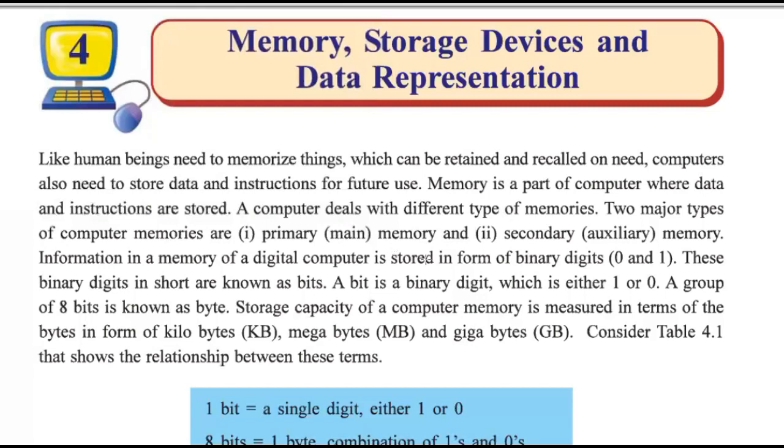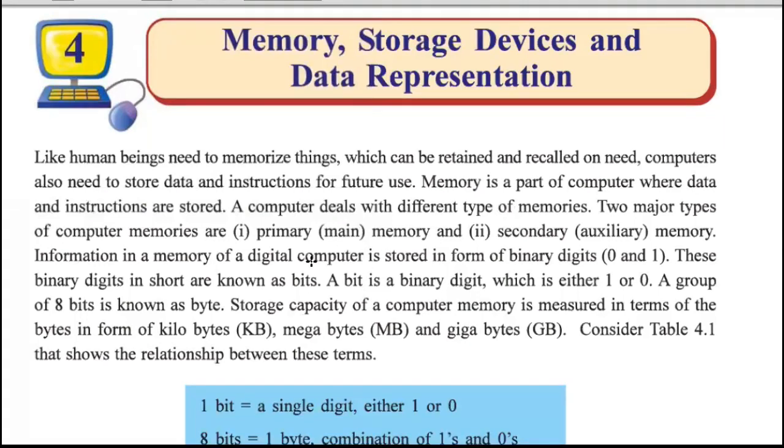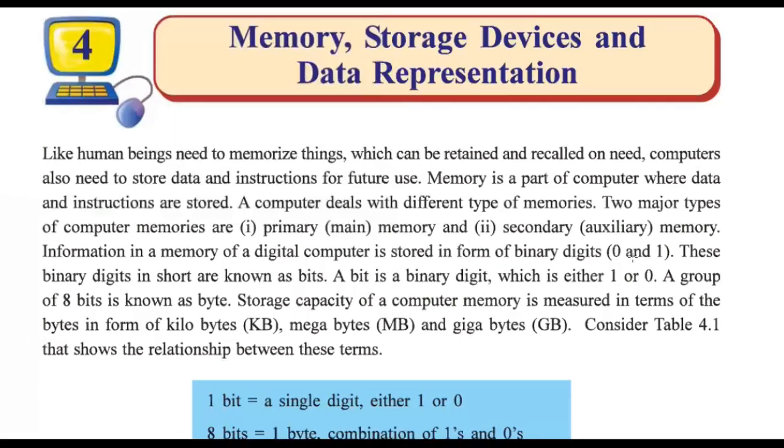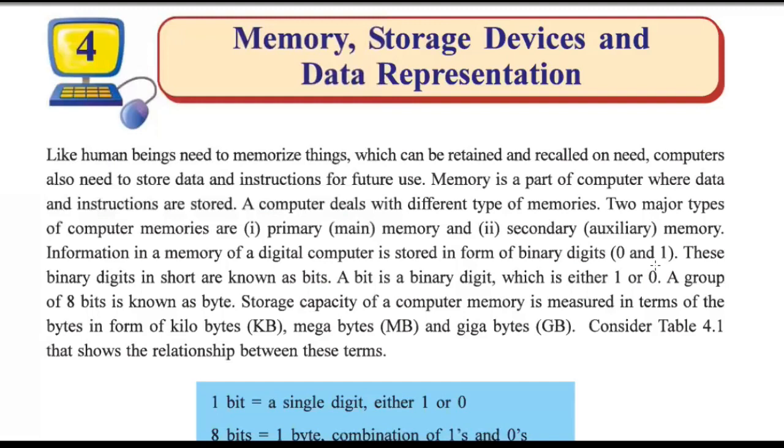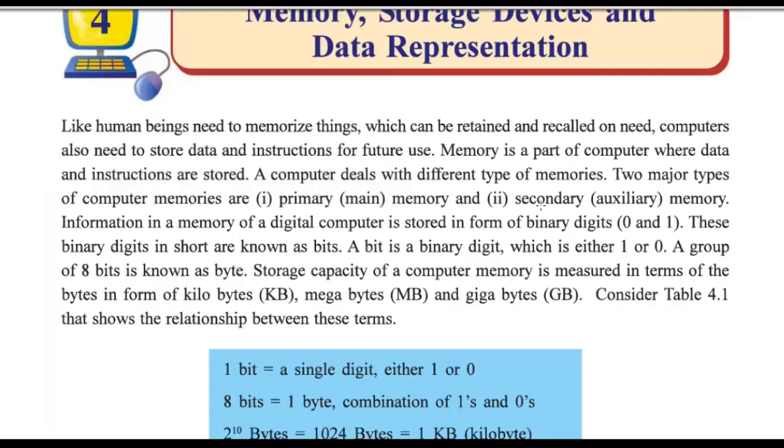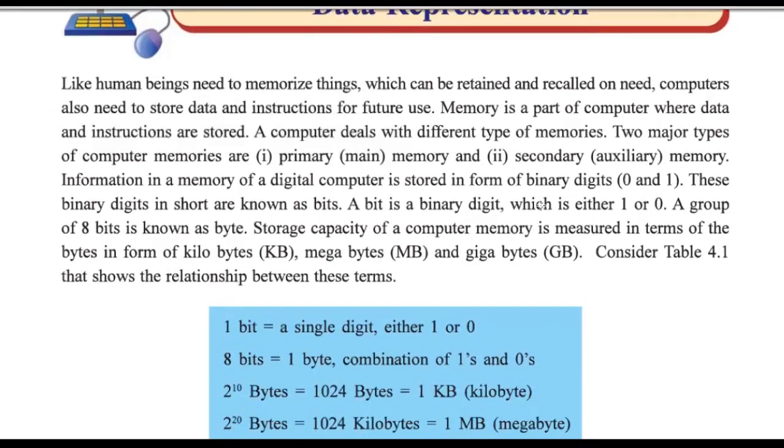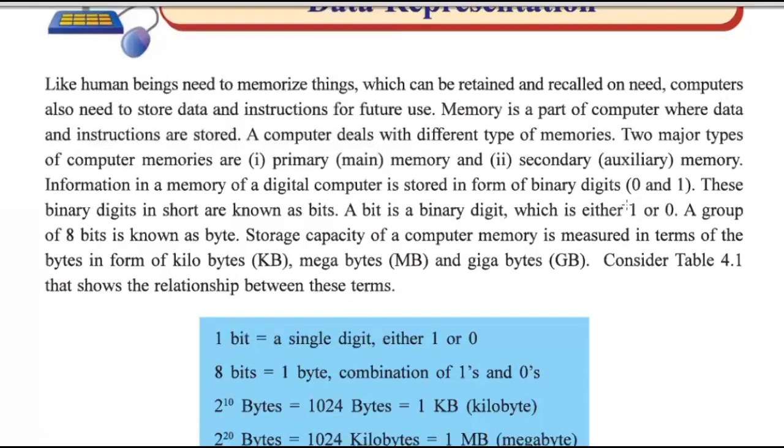On both types, primary and secondary, whatever information is stored is in digital form. Digital form in a computer means 0 and 1, so everything is stored in zeros and ones. Now we are going to discuss different units of memory. The smallest is 1 bit. 0 and 1 are binary digits.